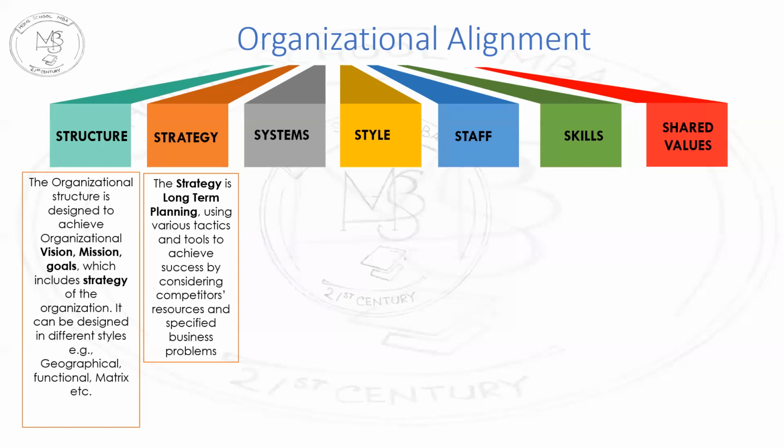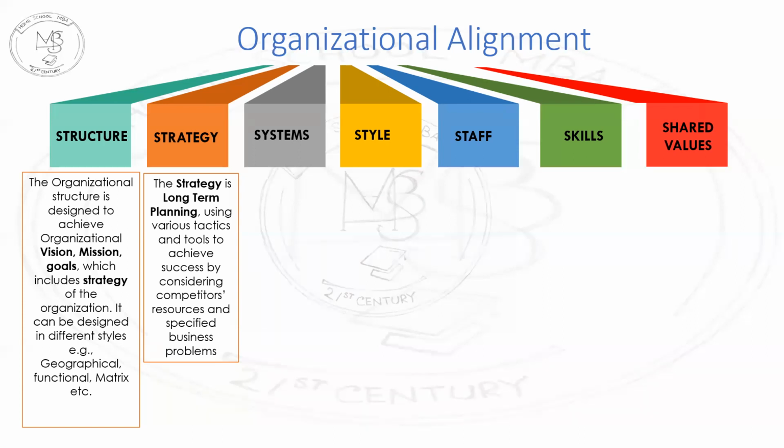To achieve that objective, they create the strategy, and within the strategy there are various tactics and tools to achieve success by considering factors like competitors' role, resources available, and specific business problems. So the strategy is perhaps the most important of all these elements, and one has to be very careful about it.